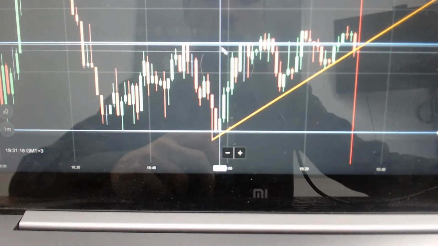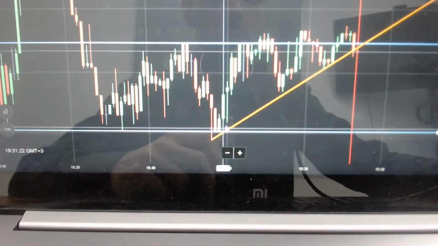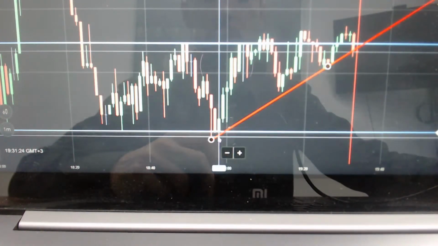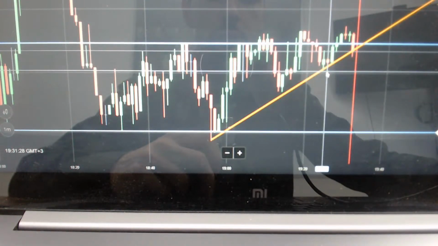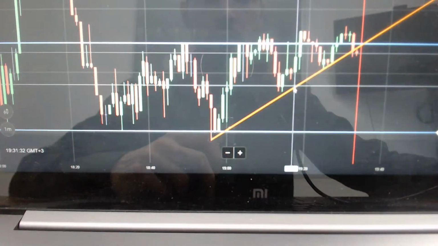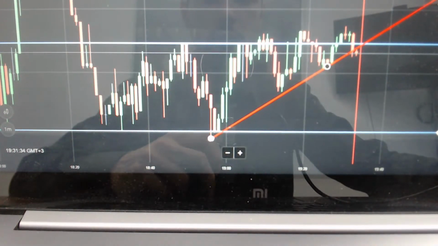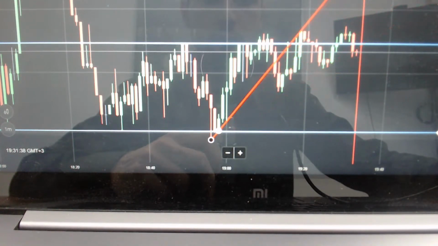And with trend lines, it's easier because the 2 points are obvious. We can find the minimum, for example, here, and the max, and the next minimum, about here. So we can construct it from here to here, through 2 minimums.